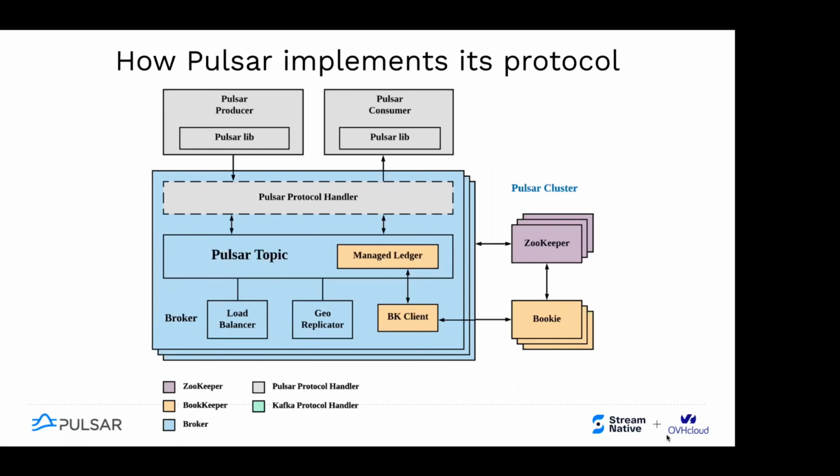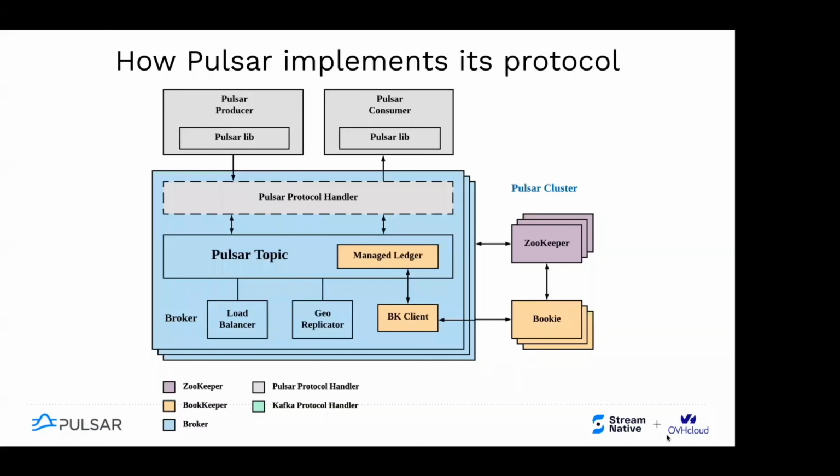This is a simple diagram giving an overview of the whole Pulsar architecture. Basically, you have ZooKeeper for the metadata store and bookies for the data storage. Pulsar provides a distributed log library called managed ledger, which chains a bunch of ledgers together as infinite streams.